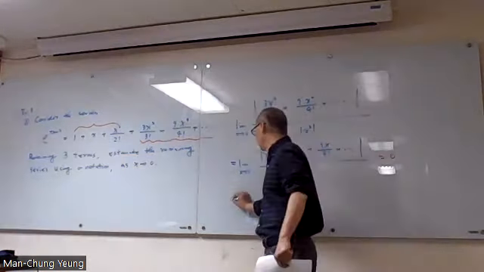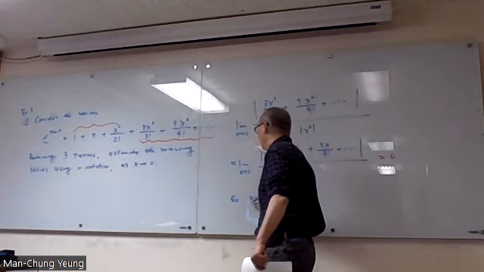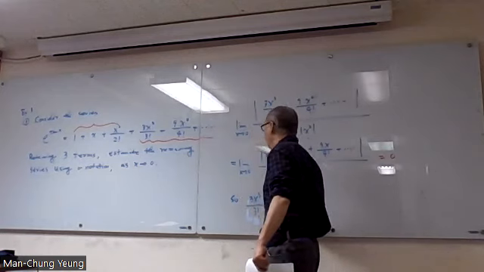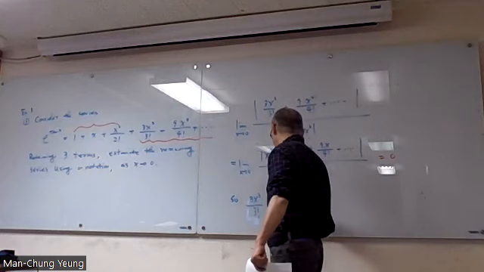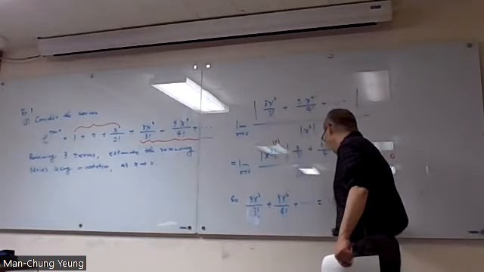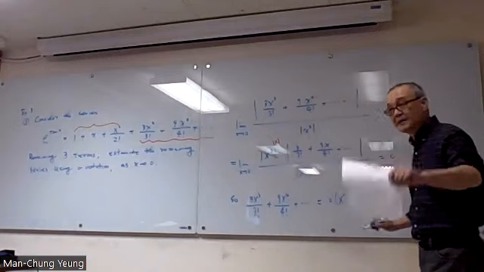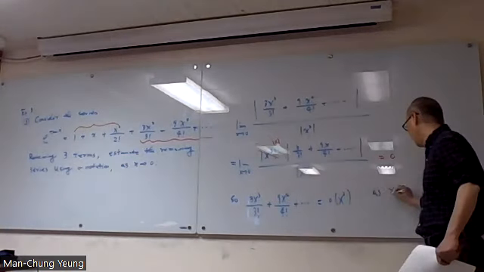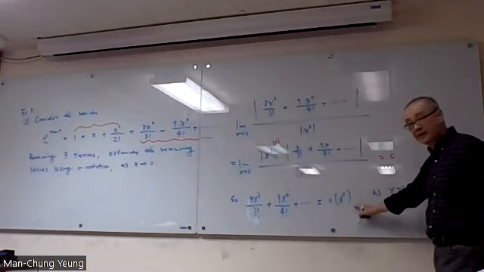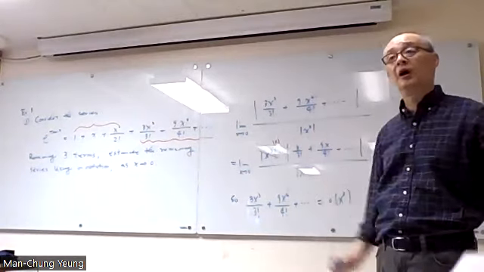So therefore, I can write the remaining series as little o of x squared, specifying as x approaches 0. This is true only in a very small neighborhood of 0.